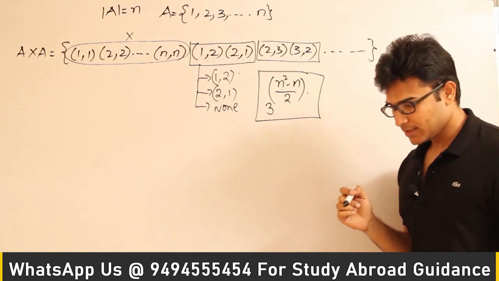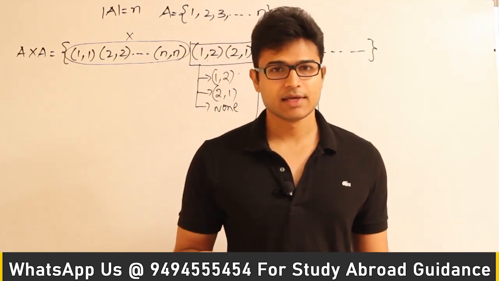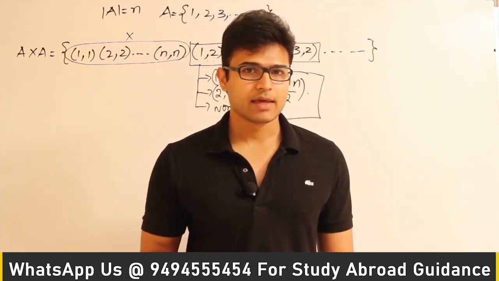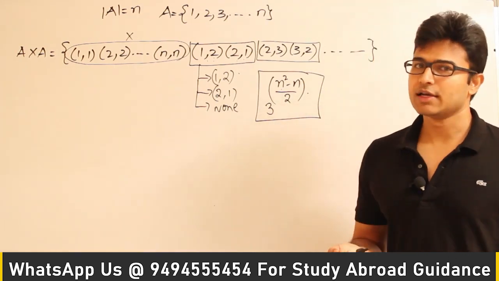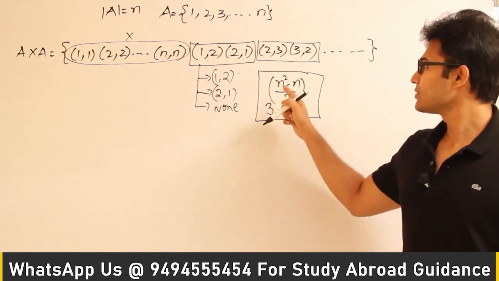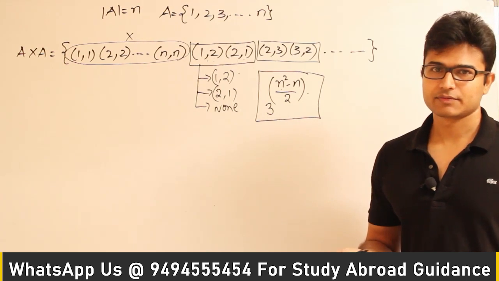Got it? So this is the total number of asymmetric relations possible on a set with n elements. And in the exam they might ask you how many asymmetric relations are possible on a set A with 3 elements. In that case, in place of n you can put 3.